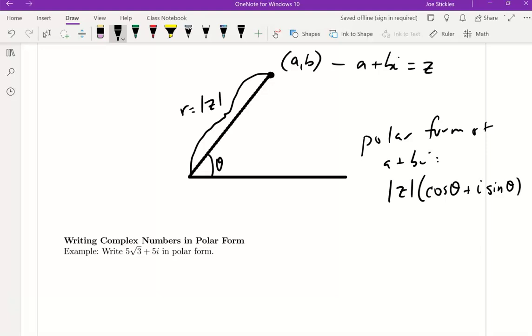So notice when I distribute the modulus of Z through, this is R cosine of theta. That's going to match up with your A. When I distribute this through over here, this is going to be R sine of theta. That's going to match up with your B. So when you convert this to polar form, this is the polar form of A plus BI, according to our picture.